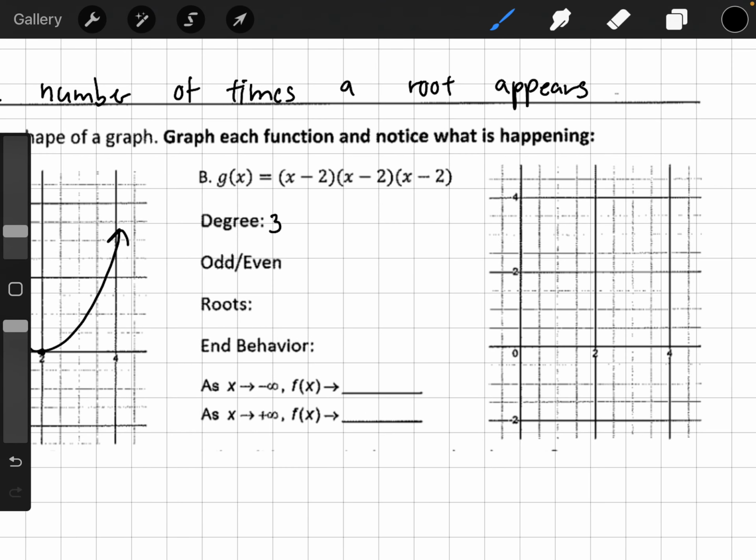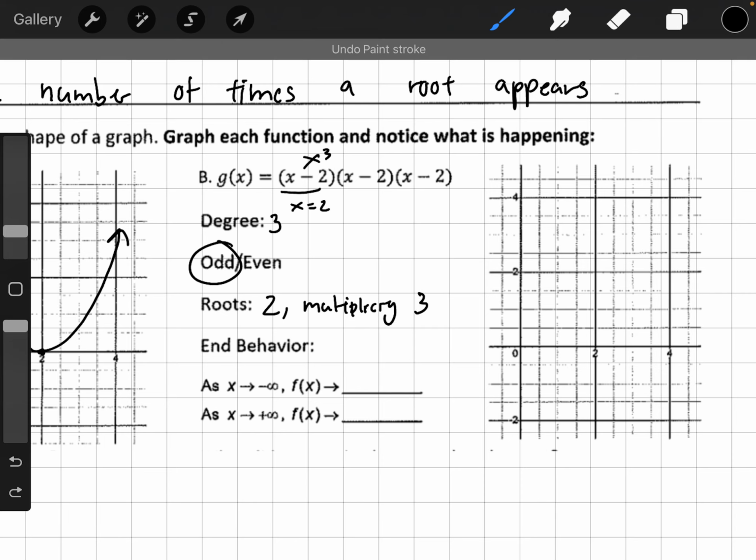For the second one, this x will appear 3 times, so once completely FOILed and in standard form, x will be raised to the power of 3 at its maximum. Then 3 is an odd number, and the root of 2, as you see here, x will equal 2 with a multiplicity of 3 because it appears 3 times.